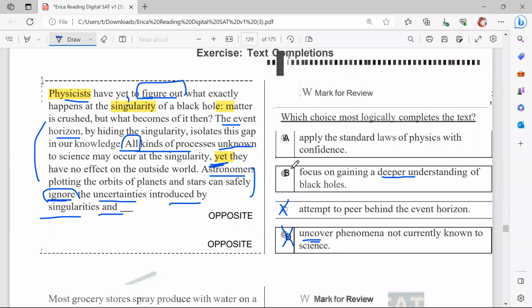And apply the standard laws of physics with confidence. This is positive, and I need positive. Why? Because I have a shift in focus and I need to ignore uncertainties. That's positive.